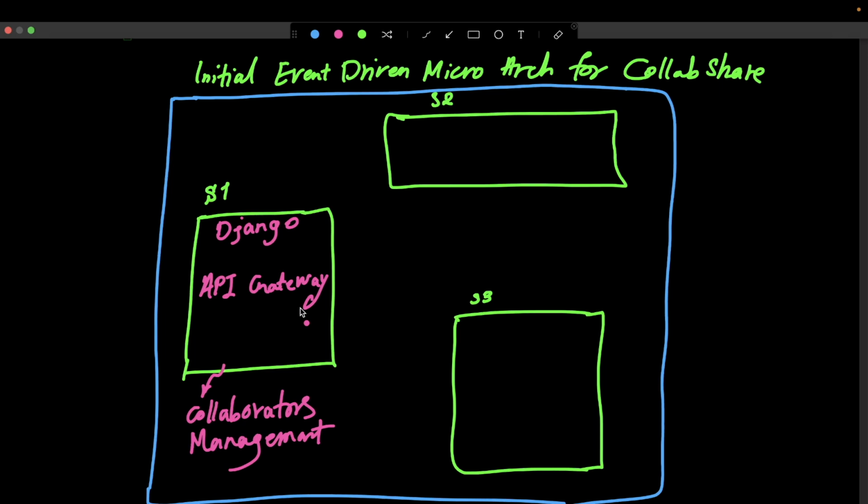So every request from clients will first reach our Django service, and it will either manage the collaborators or send the requests to other services, as it is also an API gateway.